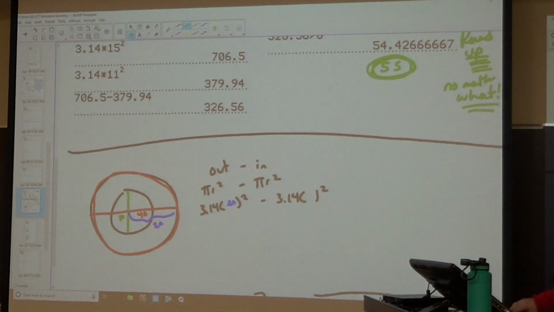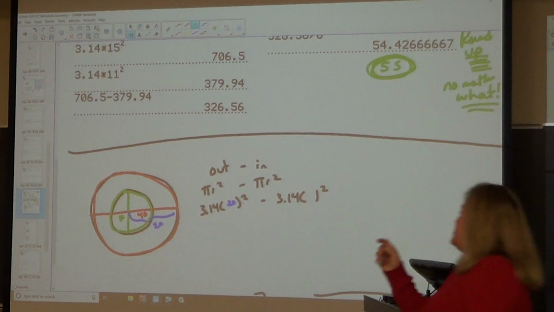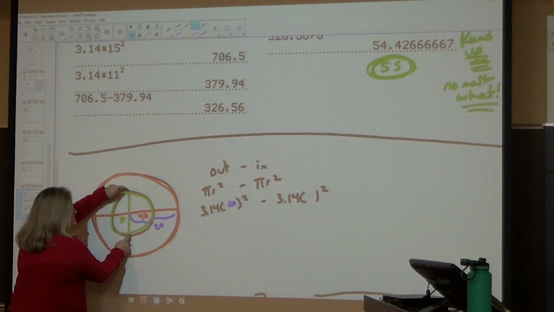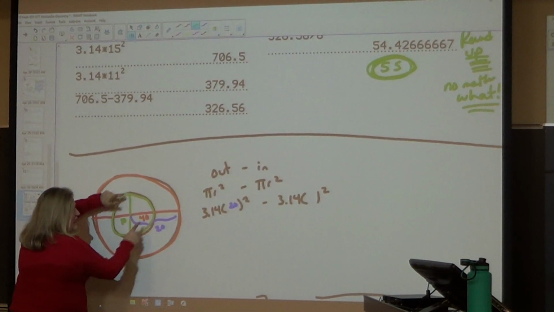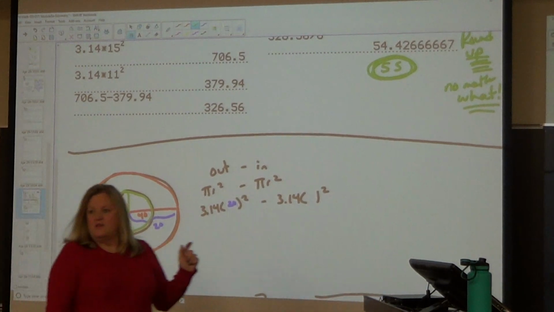Now, the inside pool is here. I told you that the inside circle has a diameter of 10. I need to know the radius of that inside circle. 5.